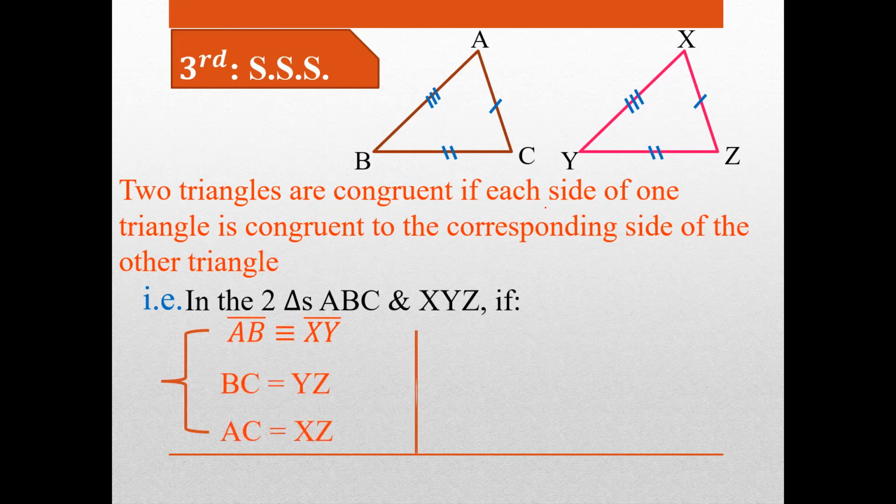So the two triangles are congruent. Triangle ABC is congruent to triangle XYZ.